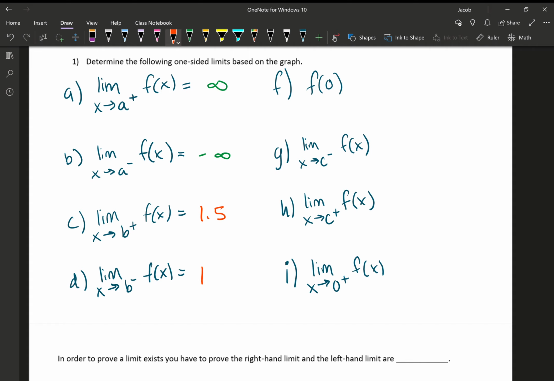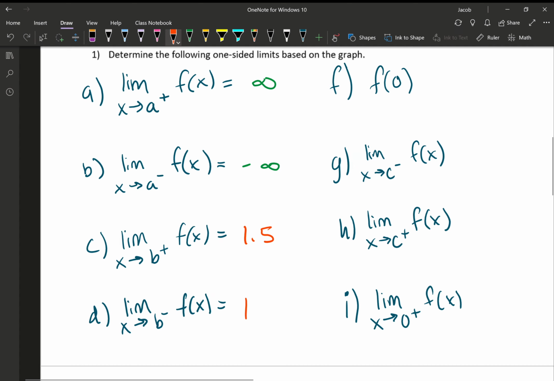So a quick note, is there a limit at a? If I'm going to add a little sub-question in here, this is asking for what's the limit at a for the function. We've already checked the left and right sides.